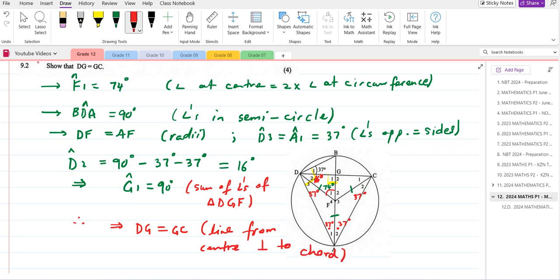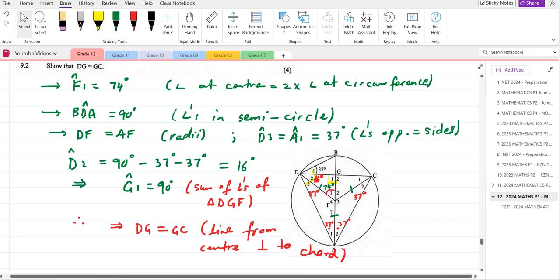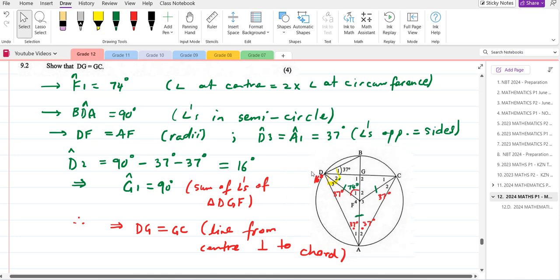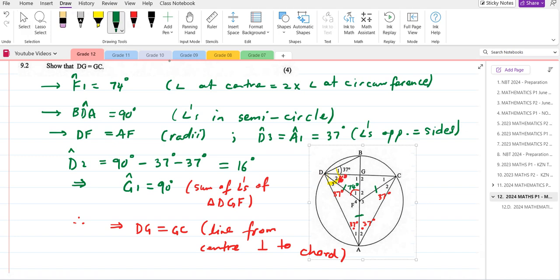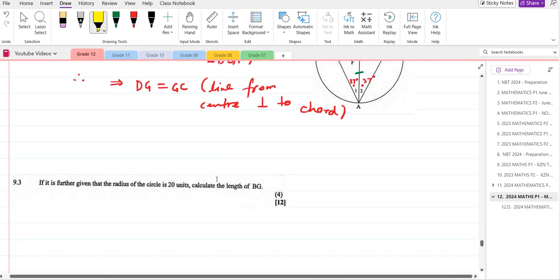Right. So I hope you guys understood that. Remember that we proved that angle G1 is 90. Perfect. Nice question. Oh, there's one more.